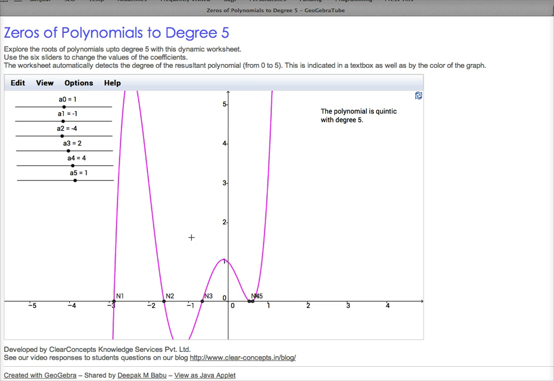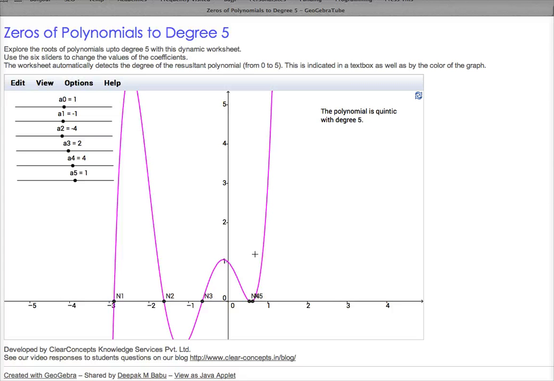What it does is it is automatically able to detect the degree of the polynomial. Now what is the degree of the polynomial? The degree of the polynomial is the highest power of x that is present in the polynomial. Now you might say that, hey, I saw everything from x raised to power 0 to x raised to power 5, so why isn't it always a degree 5 polynomial?